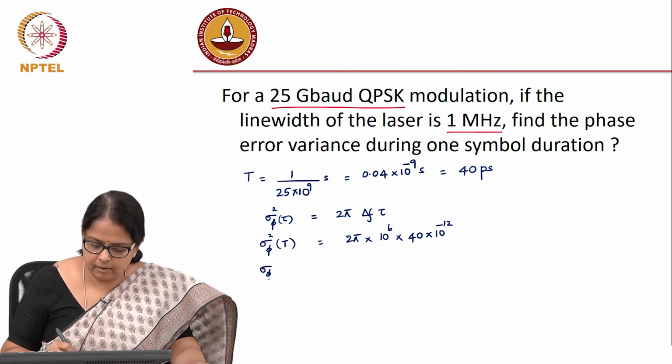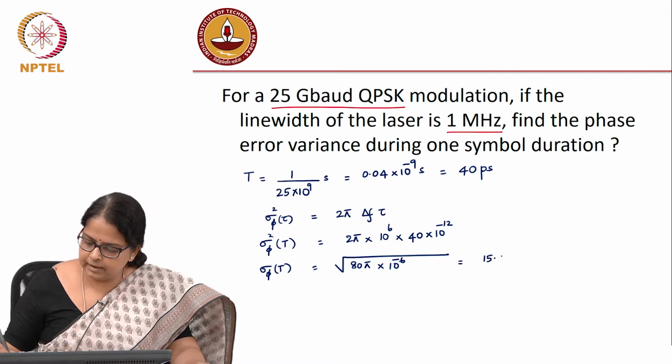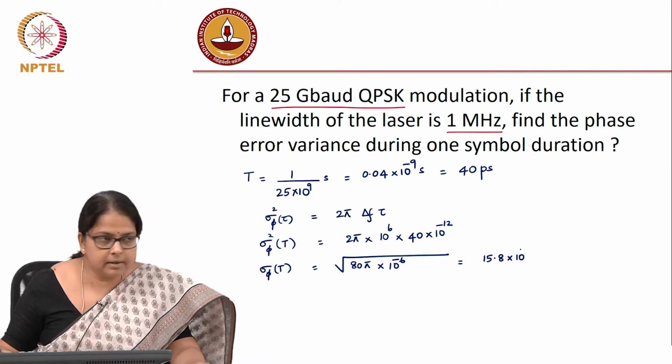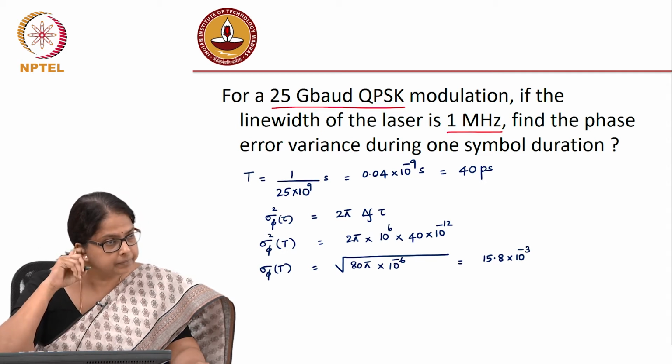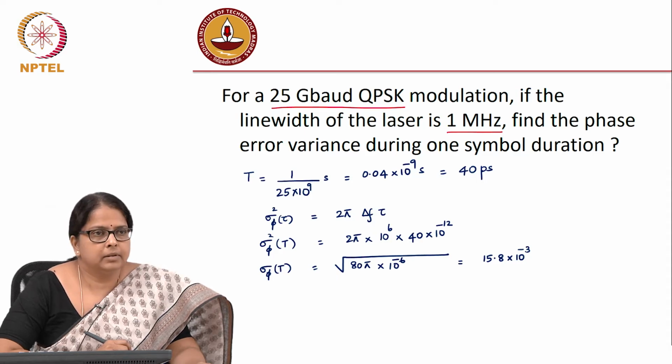So, sigma would be, you have to do the square root of this. So, 80 pi into 10 power minus 6, square root, 15.8 into 10 power minus 3. Okay. This is over one symbol duration.